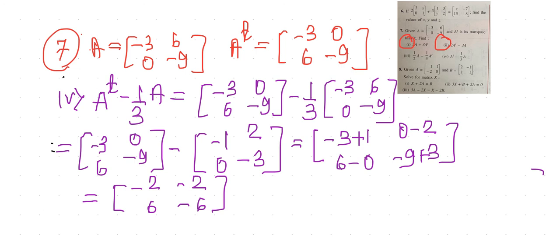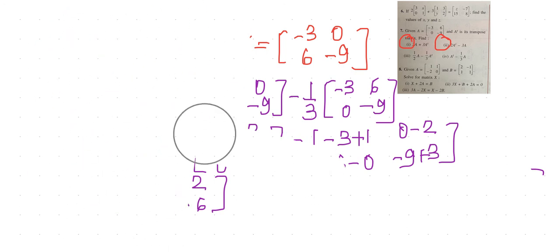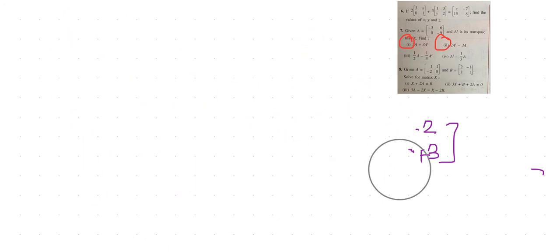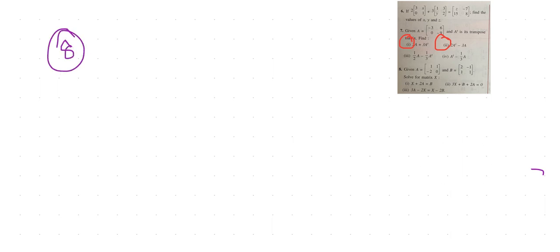And now we will be moving on to the next question, that is question number 8. Okay. So in question number 8, what is the question, children? It says given A is equal to this much and B is equal to this much. Okay, so questions of this type you have done already, children. So first and second is going to be your homework. I will be doing the sub question third.